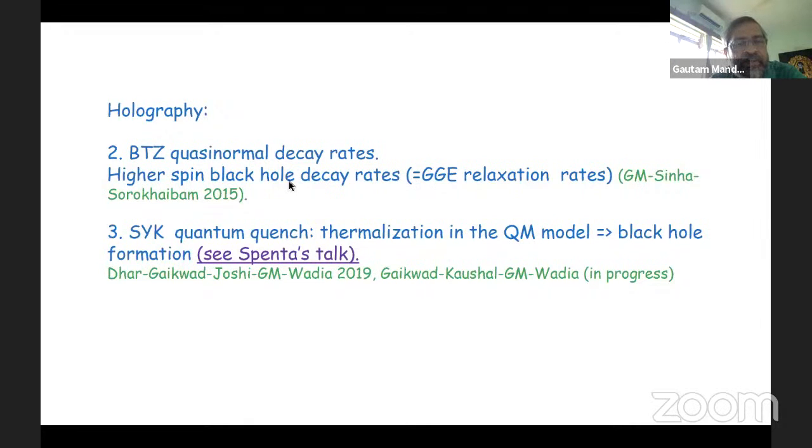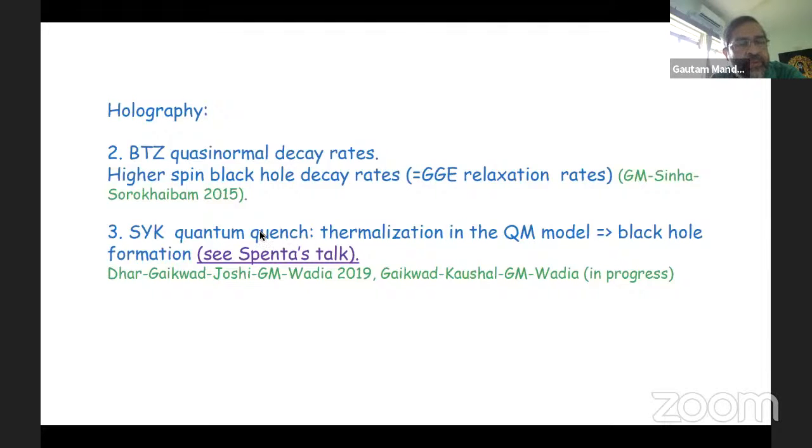And in case of the higher spin black hole decay rates, we found that the exponential relaxation rate to the generalized Gibbs ensemble agrees.